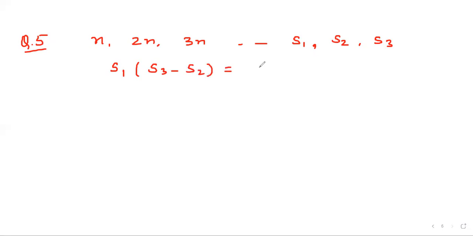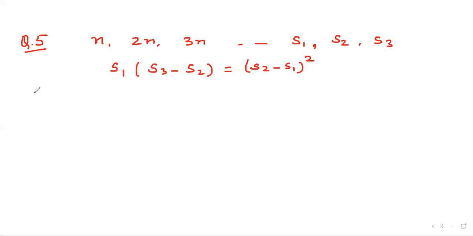Question number 5. If sum of first n terms, 2n terms, 3n terms of a GP are S1, S2, and S3, then we have to prove that S1 times S3 minus S2 is equal to S2 minus S1 whole square.